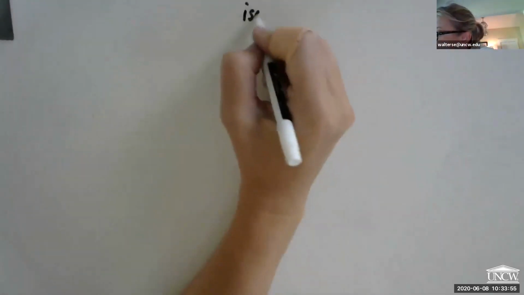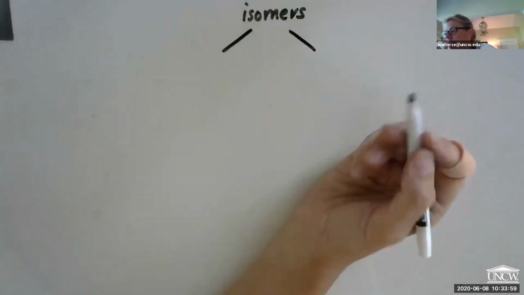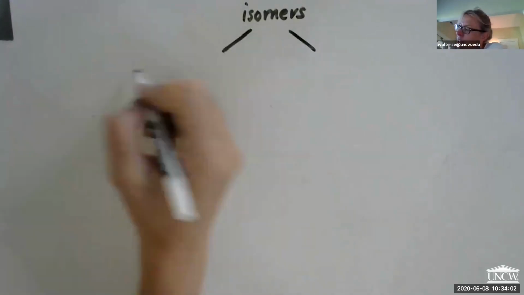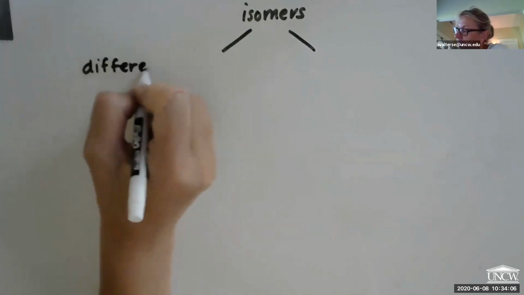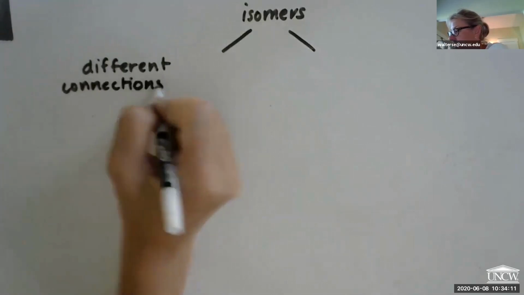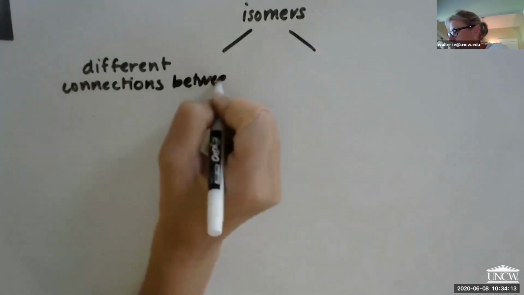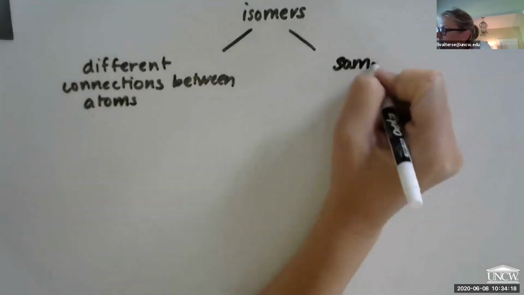Can you go over constitutional isomers and enantiomers and stuff? Sure. So isomers get split into essentially different connections between atoms, and same connection between atoms.